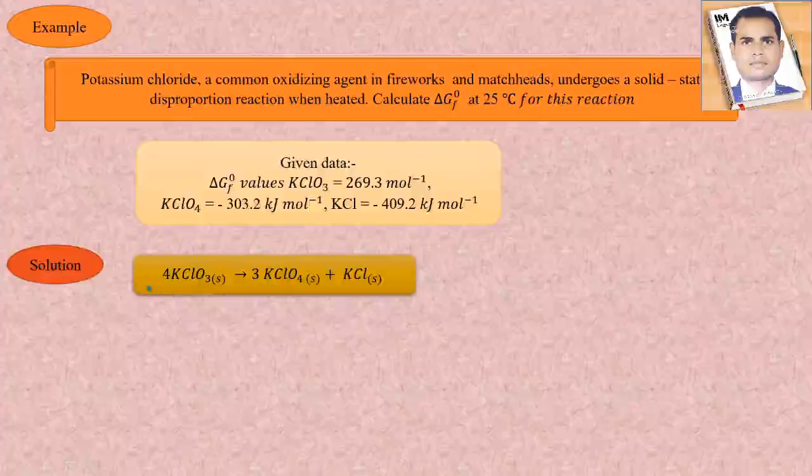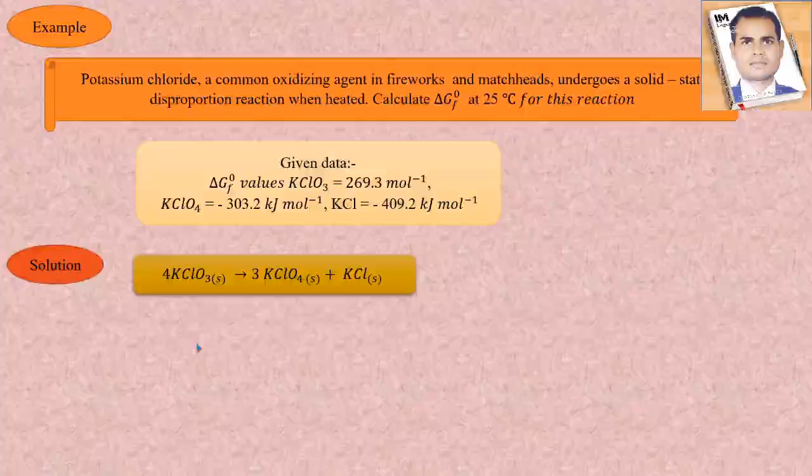Now for this reaction, the solution is given: 4 KClO3 in solid state gives 3 KClO4 plus KCl in solid form.